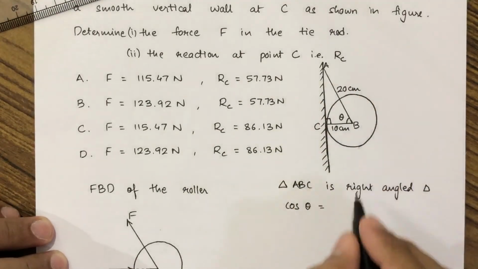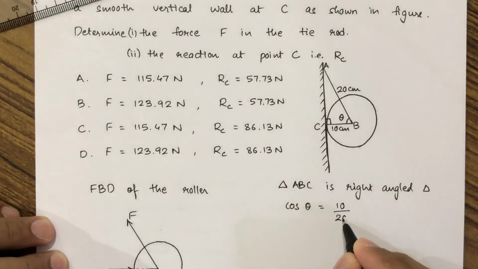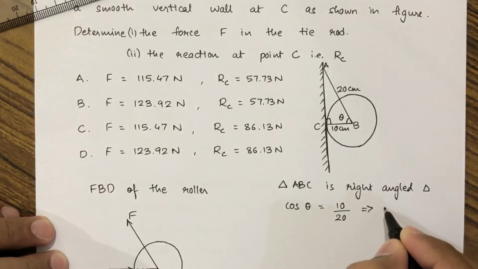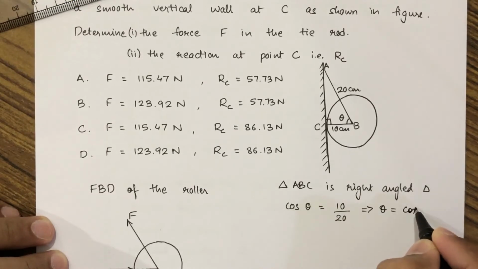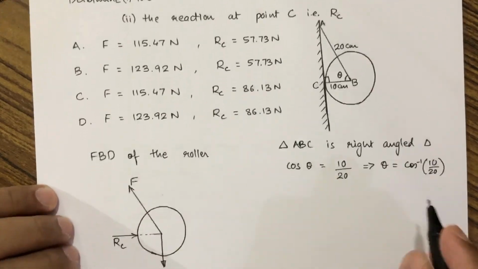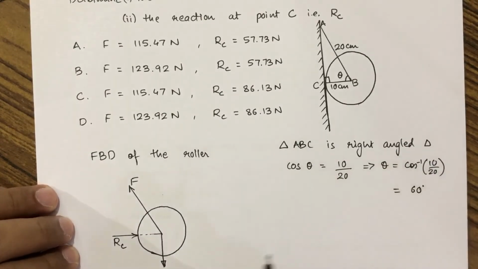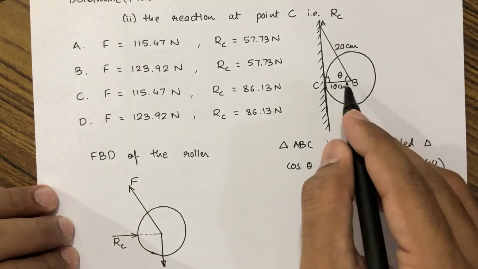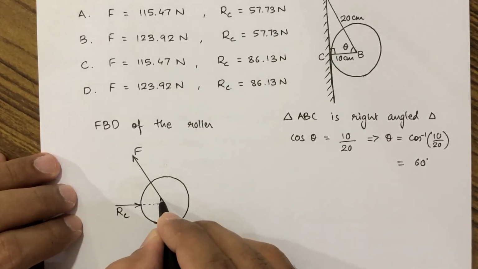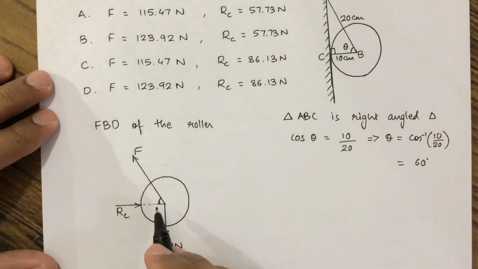So cos theta will be 10 upon hypotenuse, which is 20. So theta is cos inverse of 10 by 20, which comes out to 60 degree. If we solve this in the calculator, theta will be equal to 60 degree. So this angle is theta, that is, this is 60 degree.